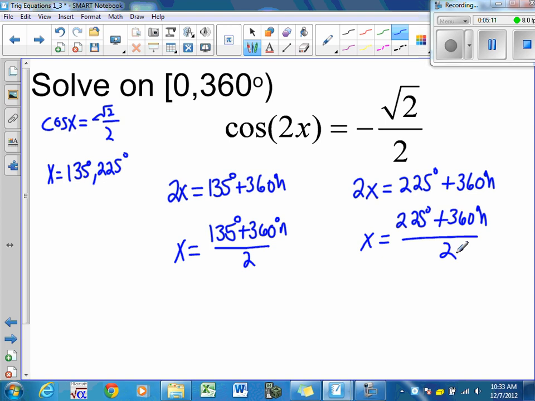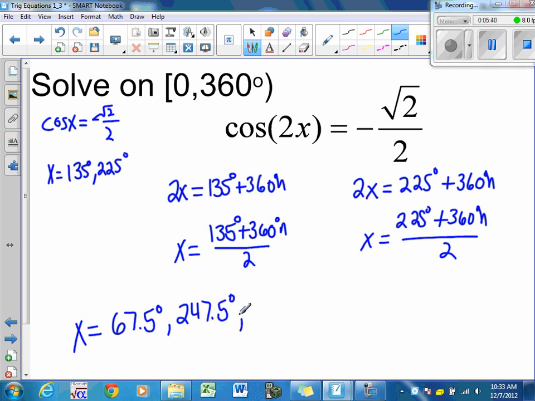Now I'm going to use a calculator in this case, and I'm going to say when n is 0, I get 135 divided by 2, 67.5. When n is 1, 360 plus 135 divided by 2, I get 247.5.